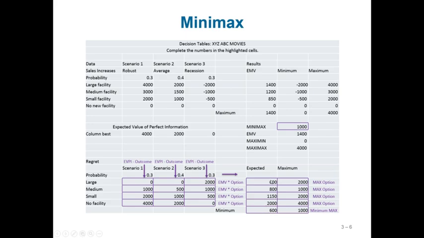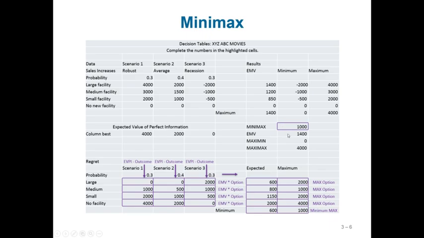The large one is the best option here, the large facility, because it happens to minimize what your expected regret might be. And in this situation, when we minimax, we'd be choosing the medium facility because it minimizes the maximum regret that you might have, or opportunity loss that you might find. And that goes up in this cell right here.